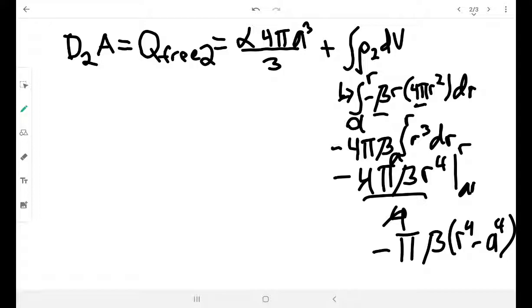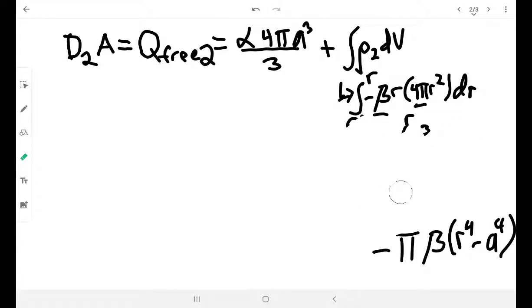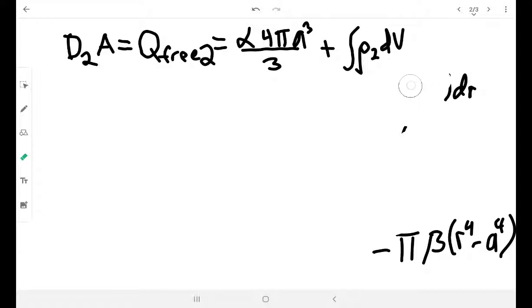And now I'm set to go back and rewrite the total Q free for the second region on the right side of our Gauss's law equation.